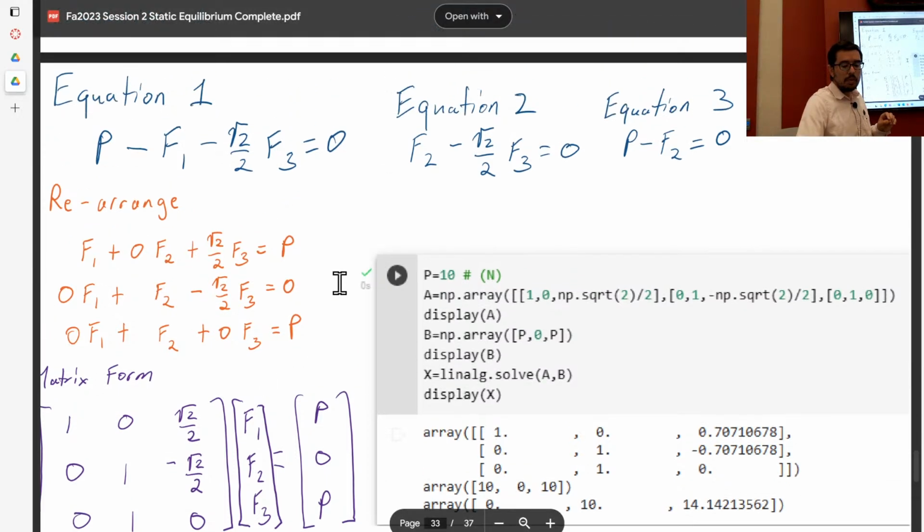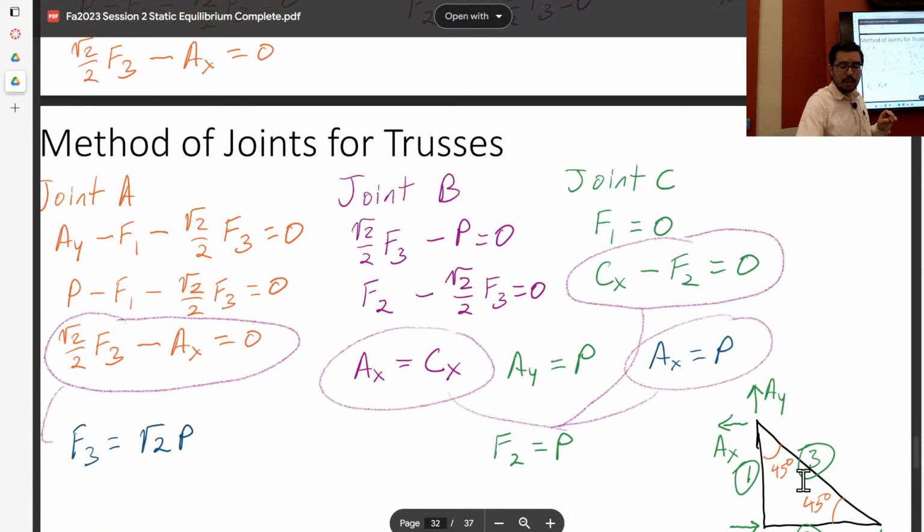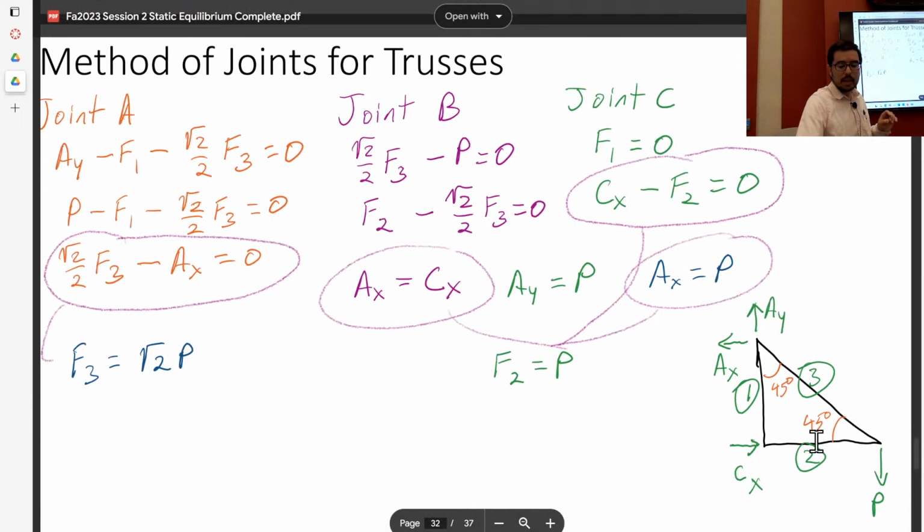But if I need a stress in this member or this member or this member, member 3, which is the question you will have. It's behind door 3. It's this one. It's a 2-force member, so it can only have a normal load. So it can only have a normal stress. It can only have an axial force going through it. That's what we say. This is a 2-force member.